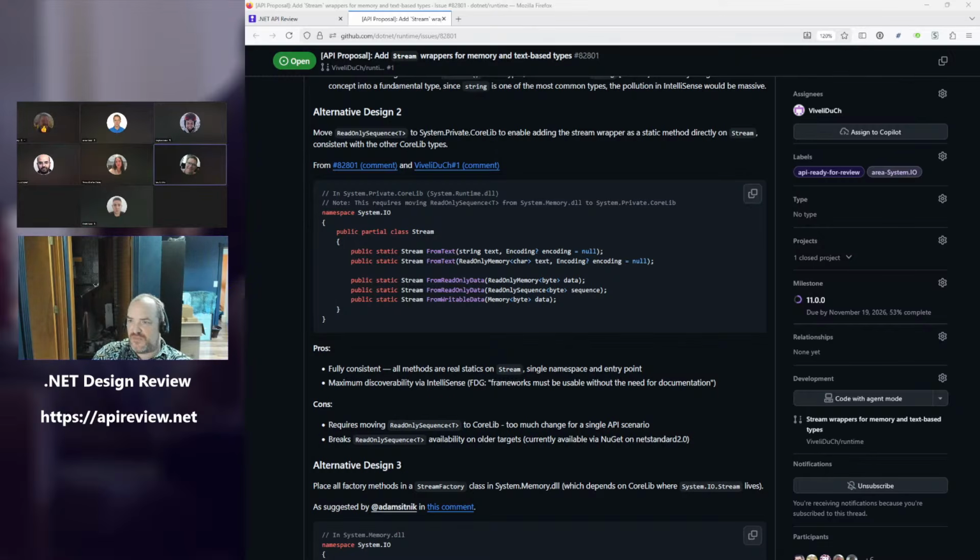Really, the only reason why I would balk at pushing it down is if its type closure was too large, that it would bloat corelib a lot or require us to do runtime light up for things that we didn't want to push down, but read-only sequence needed. So we need to evaluate, when you pull on this thread to move this thing down, what else needs to come with it, and does any of that make us pause?